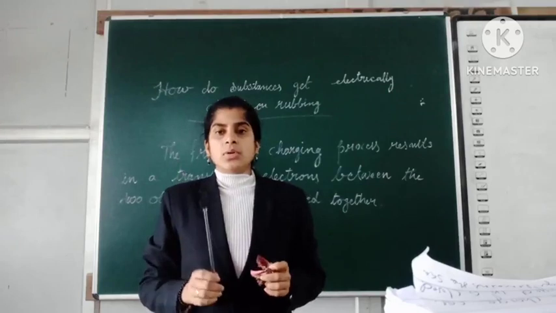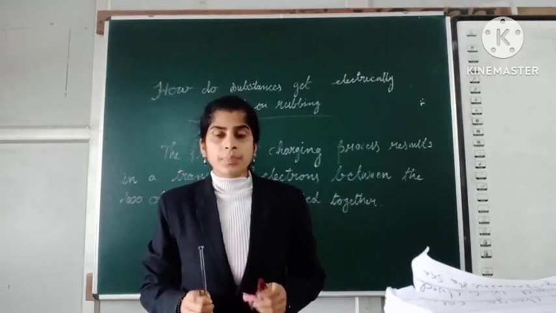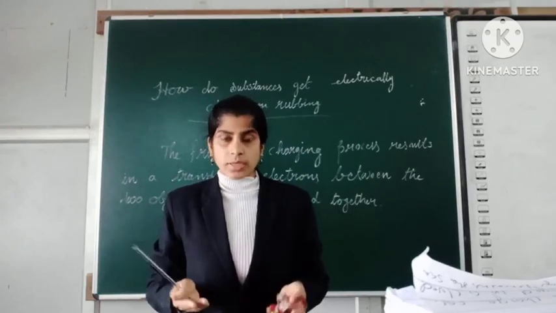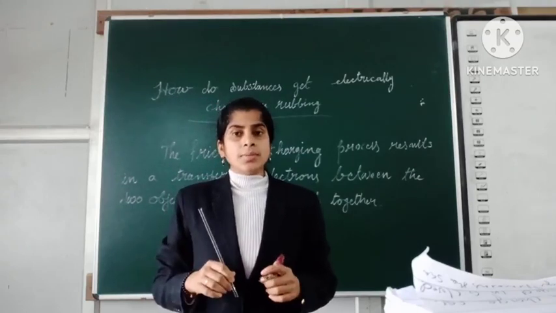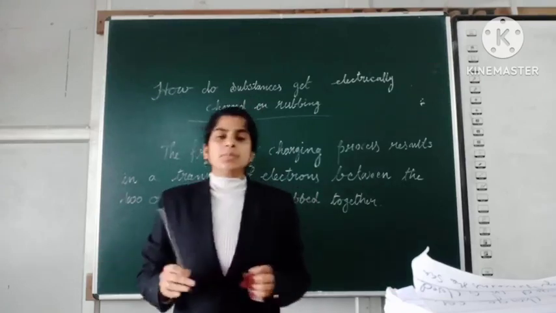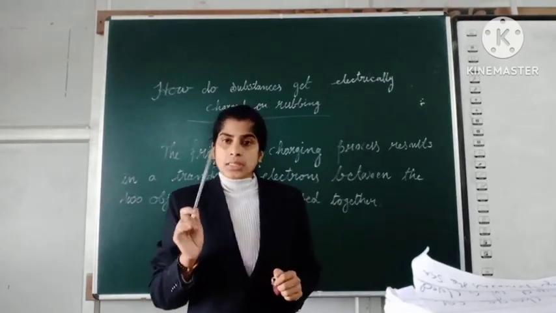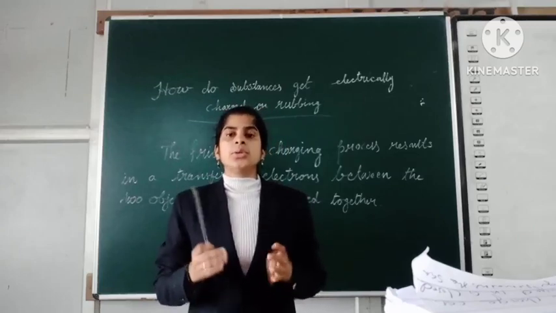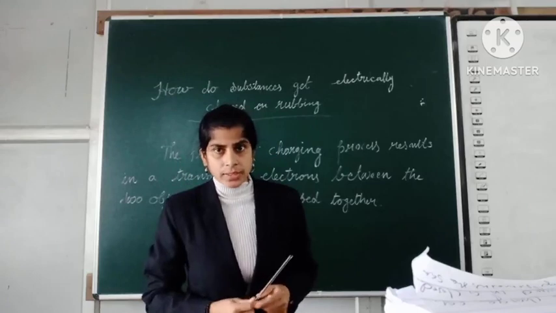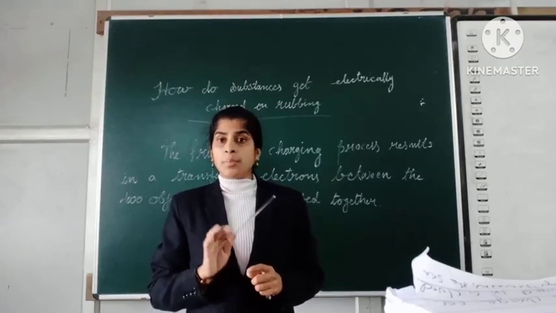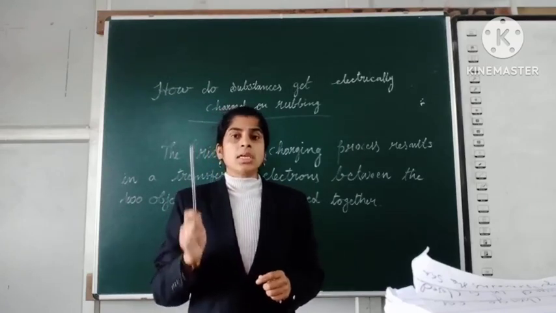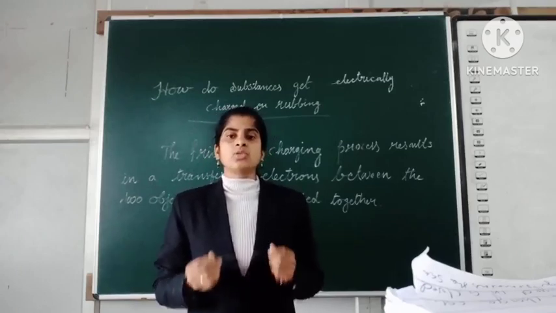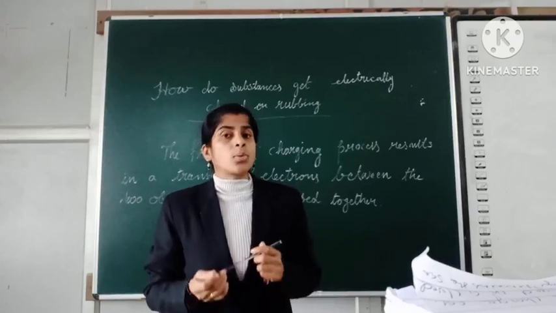Negative electrification means electrification of the body due to gain of electrons, an excess of electrons compared to the number of protons. It must be remembered that positive and negative charge happen due to electron transfer, not proton transfer.